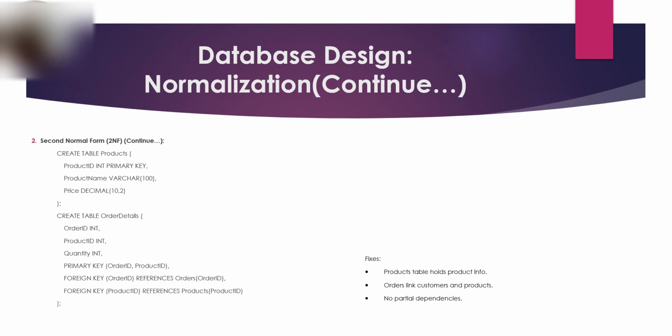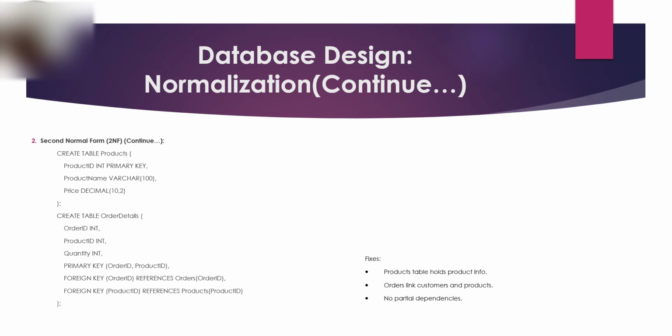In the order details we are storing order ID, product ID, and quantity, with primary key order ID and product ID. The foreign key order ID references the order ID of the orders table, and the foreign key product ID references the product ID of the products table.